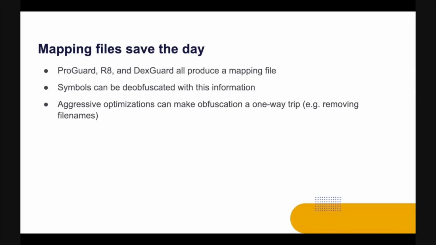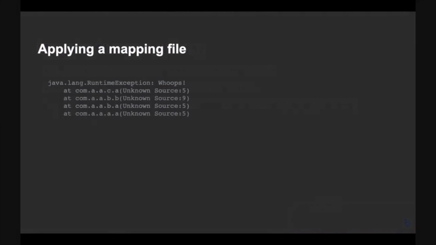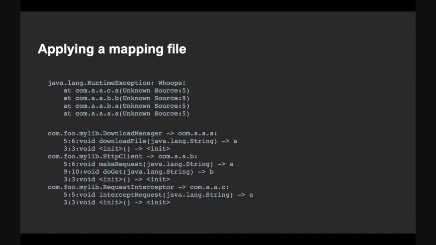So let's walk through what applying a mapping file would actually look like. We have our obfuscated stack trace here, which is pretty incomprehensible. And we have the mapping file, which in reality would be much larger, but we've just chosen the section which corresponds to the symbols we're interested in.